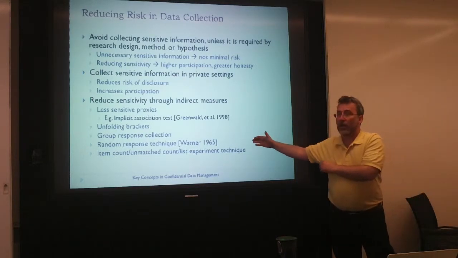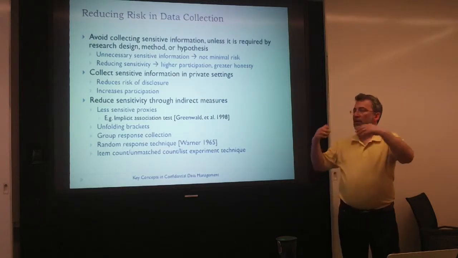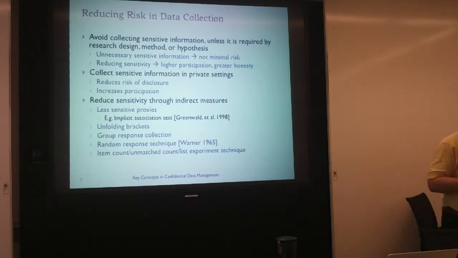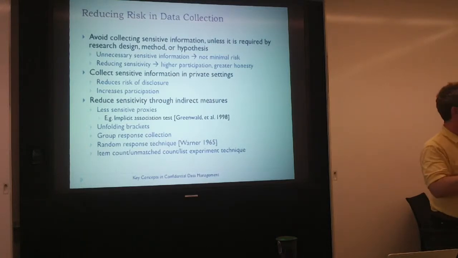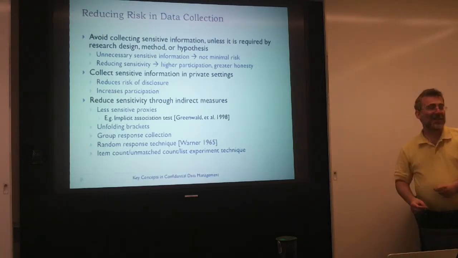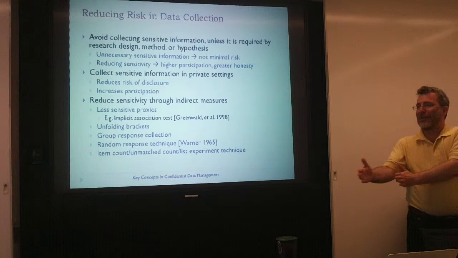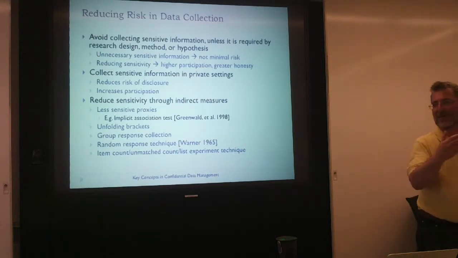There are also things like randomized response techniques, list responses, where you might give a subject, instead of a survey of how many crimes did you commit, you would say, give us the sum total of the number of crimes you committed and the number of ice creams you had in the last year. And if you know what the mean number of ice cream events is, then you can do some estimates based on that.